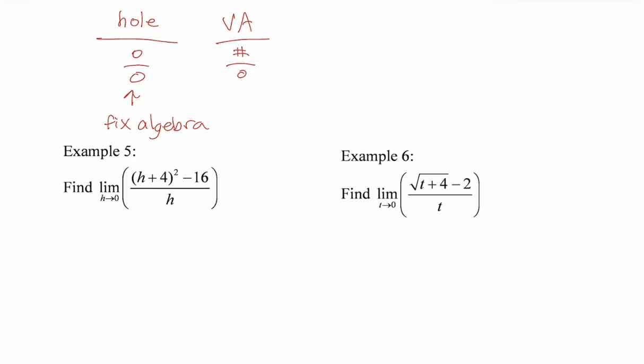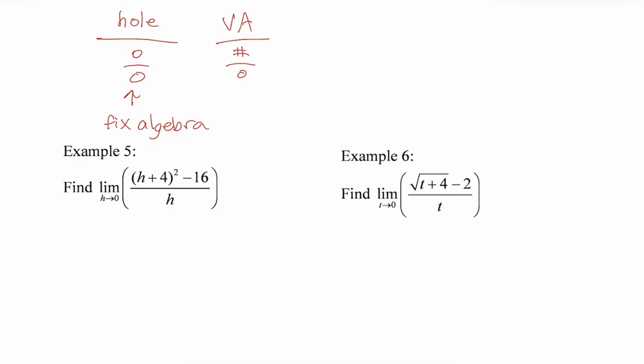Okay, so let's take a look at example 5 for a minute. If I see a rational function, I know 0 is not in the domain, but I'm going to do direct substitution anyway.